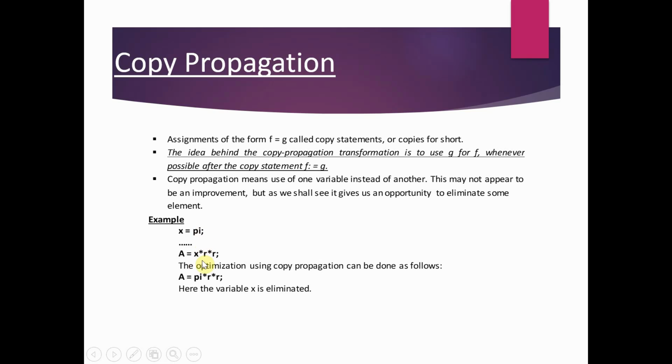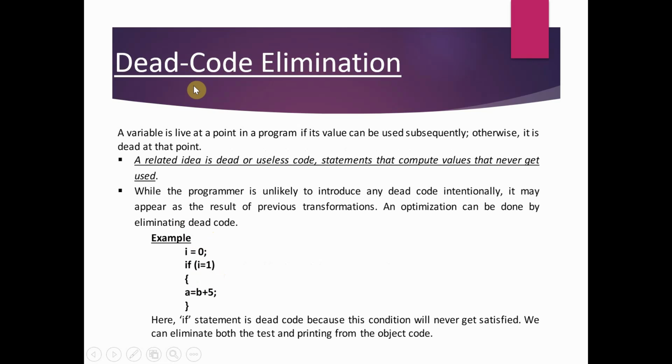So instead of writing these two statements, I just propagate this copy in place of x, and the resultant transformation will be a is equal to pi into r into r. In this case, the variable x is eliminated. That is the second type of optimization technique called copy propagation.